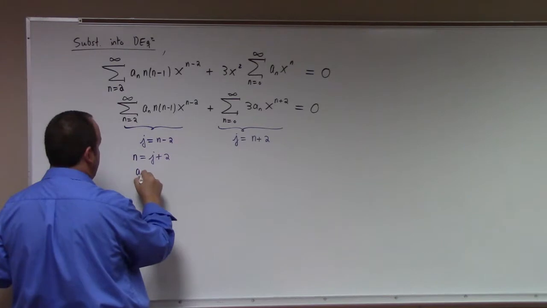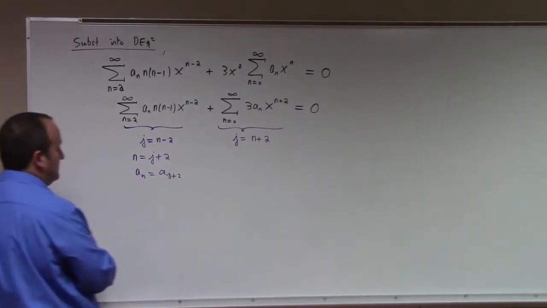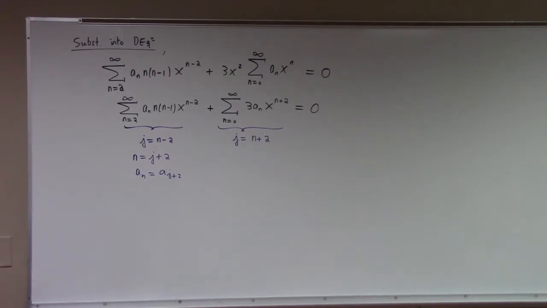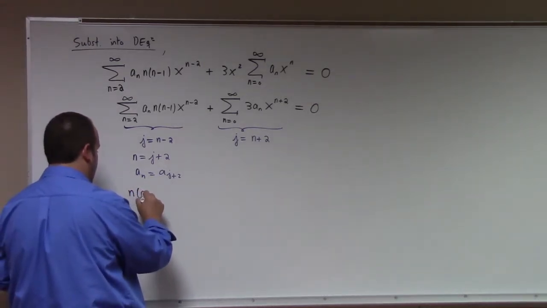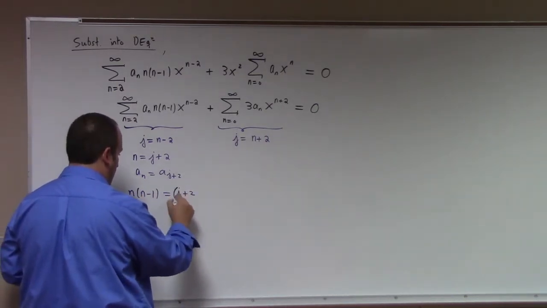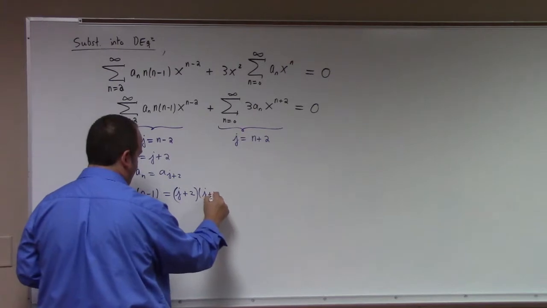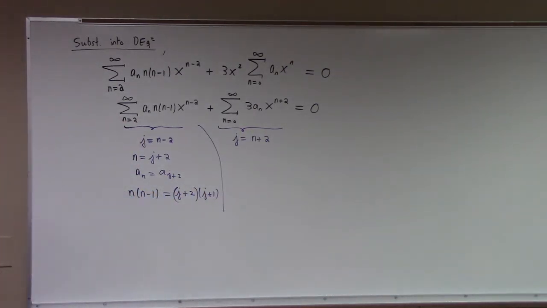So a sub n is a sub j plus 2. And what's n times n minus 1 on this side? n times n minus 1 equals j plus 2 times j plus 1. All right, so that's going to allow me to make the substitution to j on the left term.